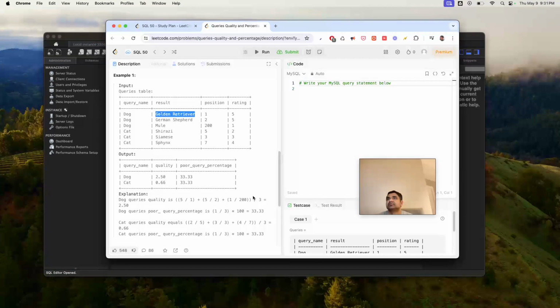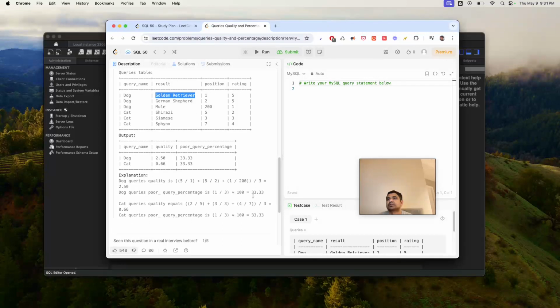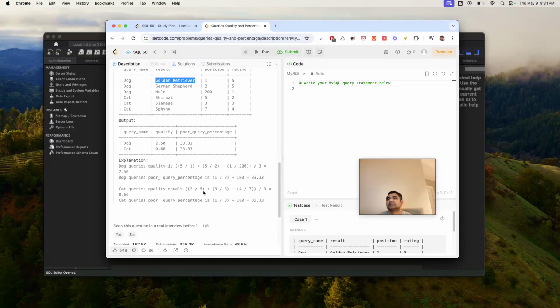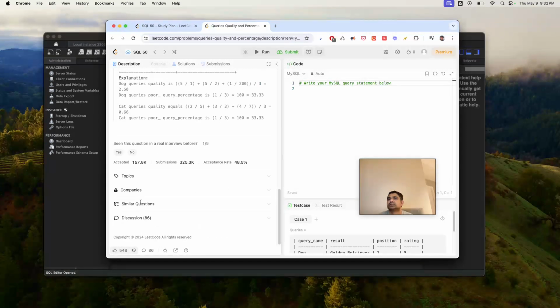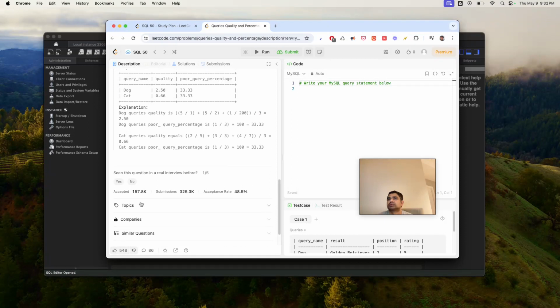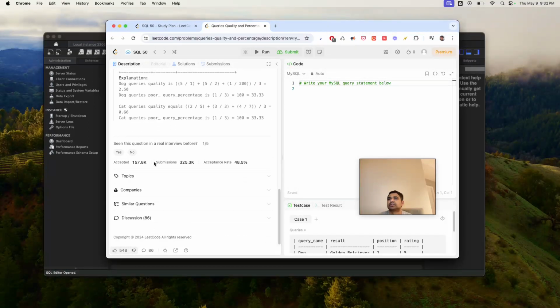That's the way we are calculating, and for cat the quality equals 2 by 5, 3 by 3, the same way that we did for dog.